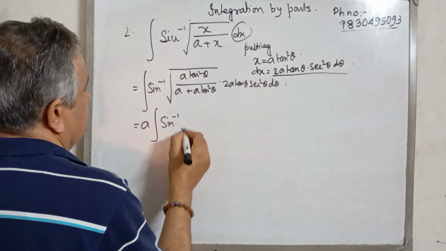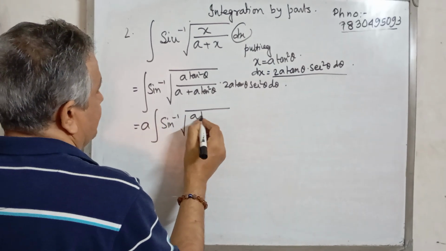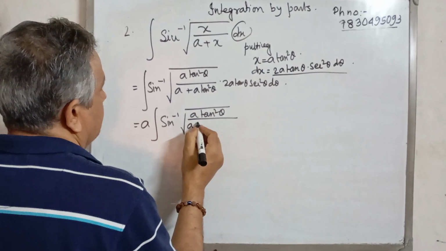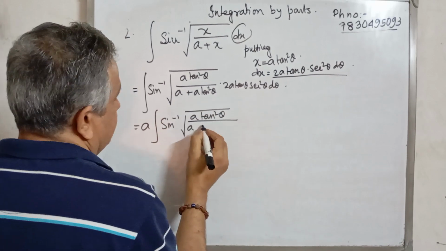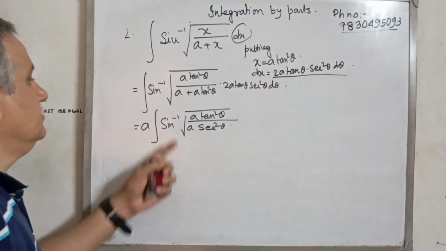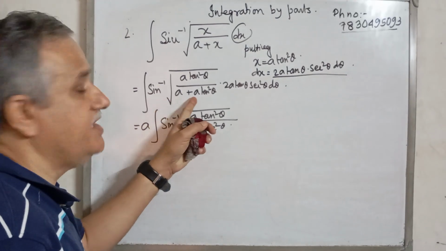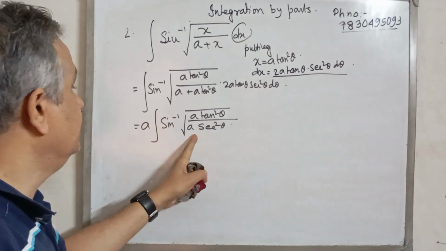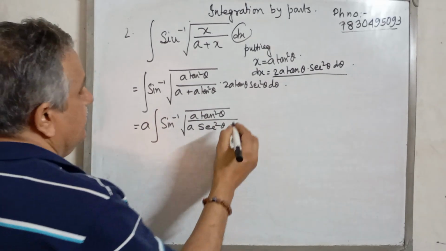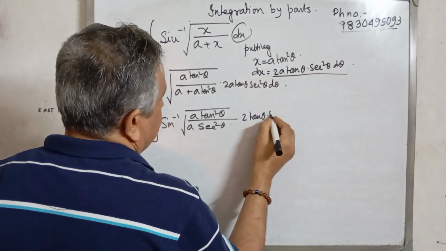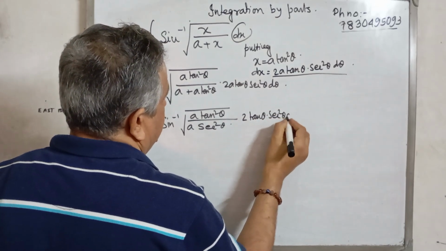Sin inverse root over a tan square theta, and taking a as common from the denominator, 1 plus tan square theta is sec square theta. Now it becomes 2 tan theta into sec square theta d theta.